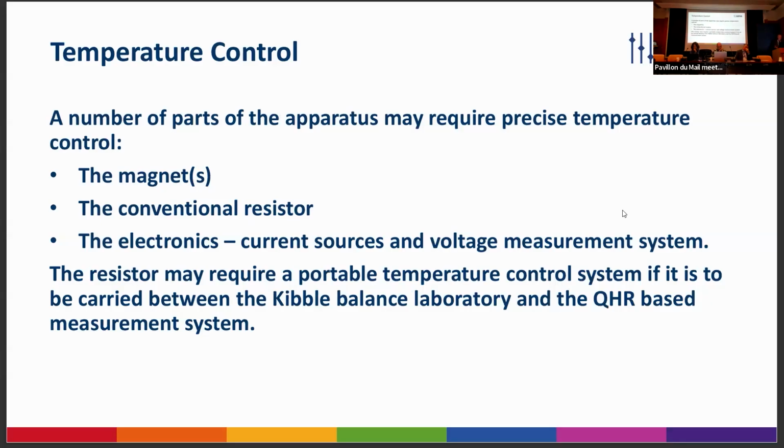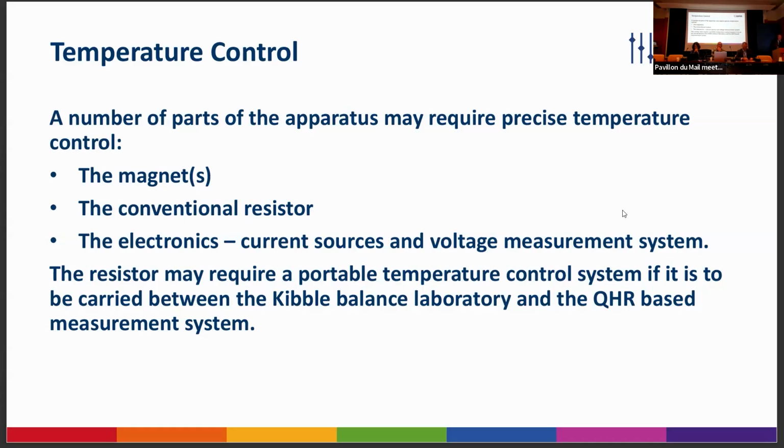Now, temperature control, I'll go into a little bit. Again, it's an electrical measurement. So a number of the parts of the apparatus may require temperature control. In our case, we temperature control the magnets, but also we have to control the temperature of the resistor because we have a portable resistor, because our QHR is almost 1 kilometer away, so it has to be carried.